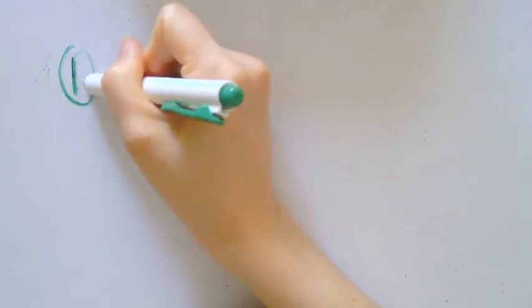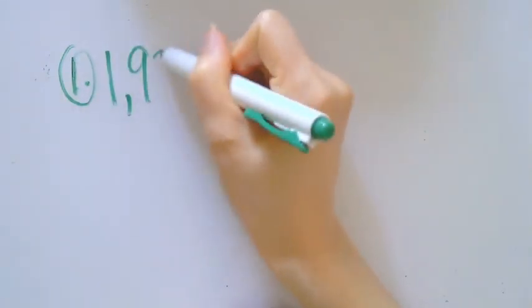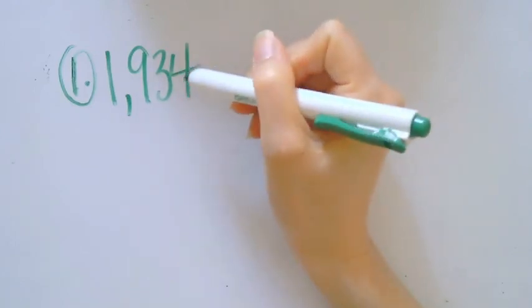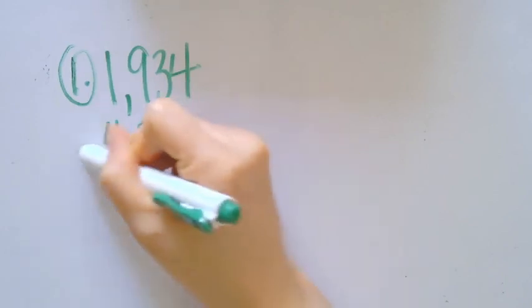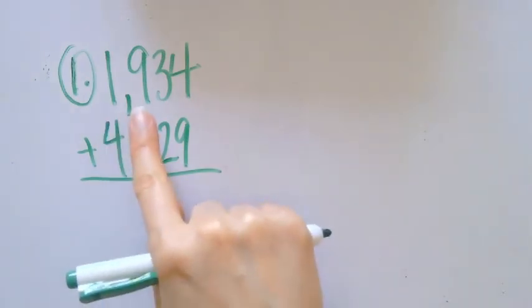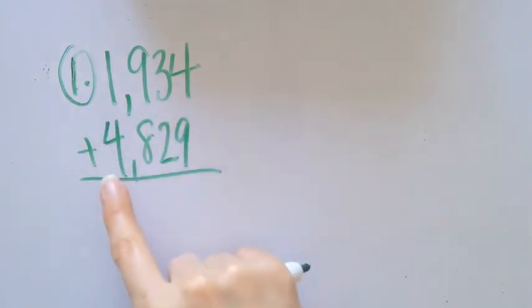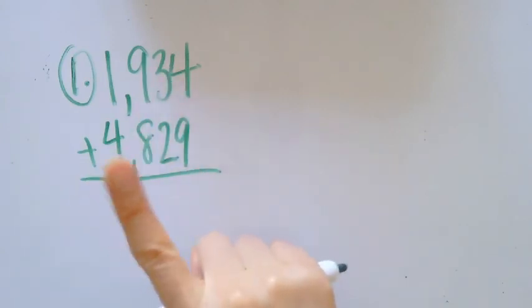Problem number 1. I'm not going to read it. I want you to try it before I say it. All right, what does that problem read? 1,934 plus 4,829. No decimals, no and.